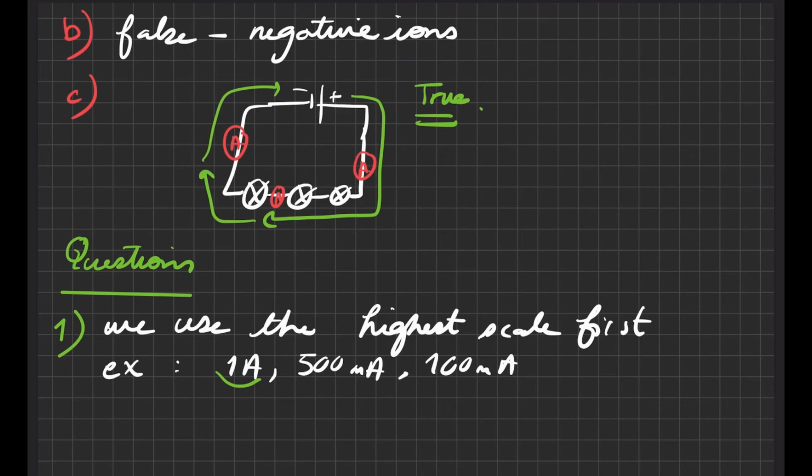When we choose 1 ampere, the current appears to be 0.3 amperes, which is equivalent to 300 milliamperes. So the convenient scale would be this one. After we first choose the highest scale, which is 1 ampere, we adjust it to 500 milliamperes to give us a more accurate value.